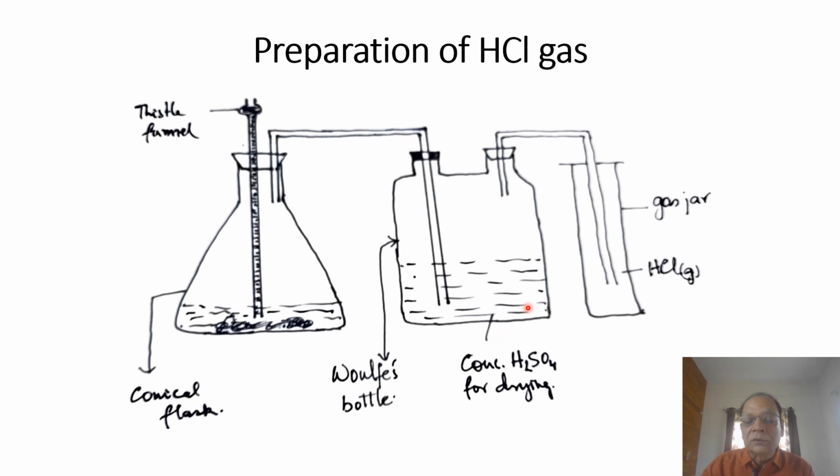Concentrated sulfuric acid dries up the gas, and the dried gas which bubbles out is led into a gas jar and is collected by upward displacement of air, as it is heavier than air.